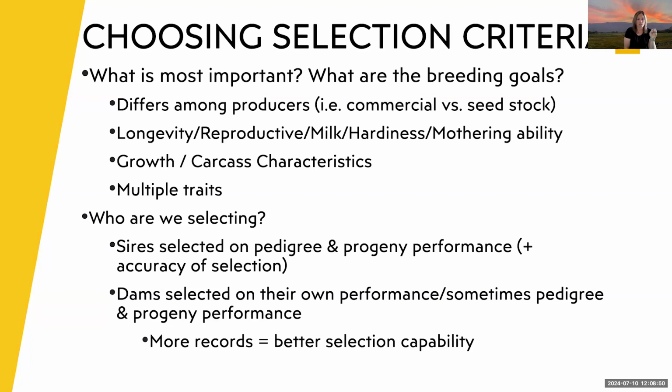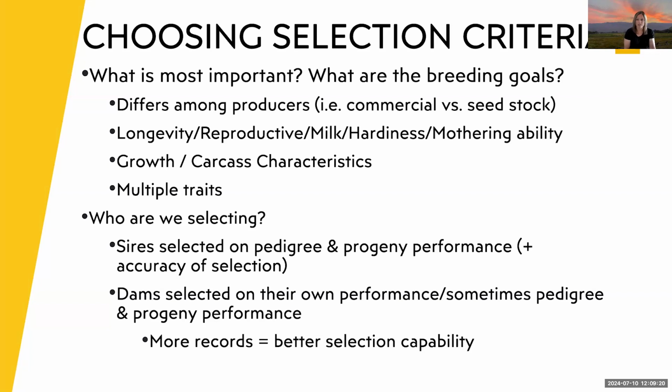So when we select sires, we're obviously looking at, especially if we're using any kind of genetic background on them, having that pedigree, understanding what their EPDs are and that type of thing. And those are also going to be gained through progeny performance. So if they have a proven track record of offspring, that can give you some idea of their performance. Not everybody's selecting on genetic EPDs and that type of thing with the sires, but some people are.